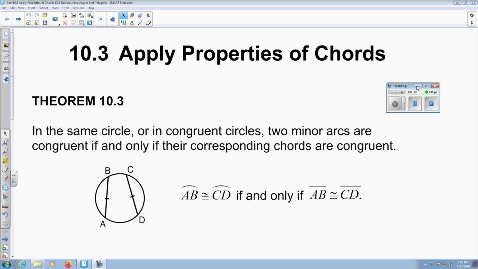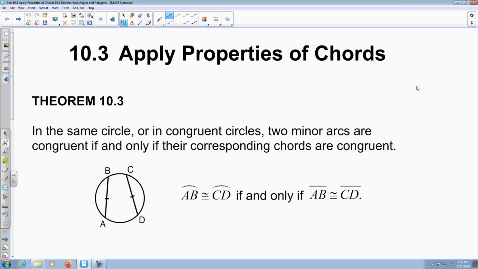All right, we're in section 10.3 where we're going to apply properties of chords. If you recall, we had the term chords in the 10.1 notes, and by definition, a chord is a segment whose endpoints are on the circle.